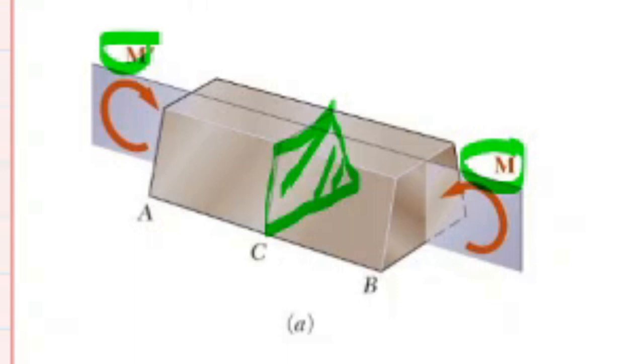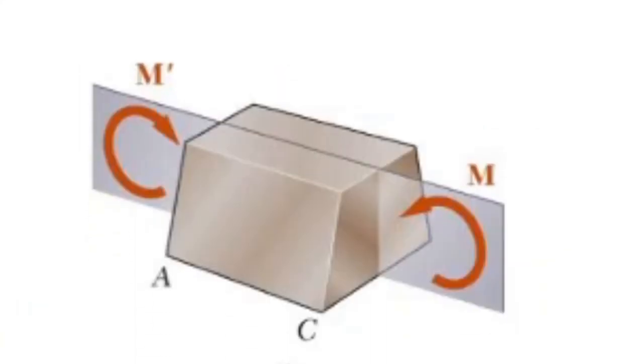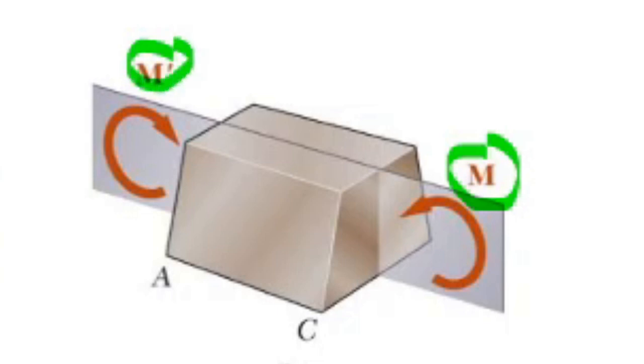the condition of equilibrium of the portion AC of the member requires the internal forces in the section to be equivalent to the couple M. So it must be M and M prime. The moment M of that couple is the bending moment in the section.